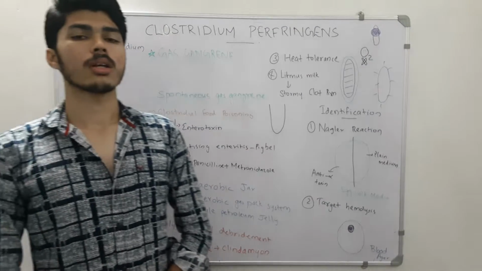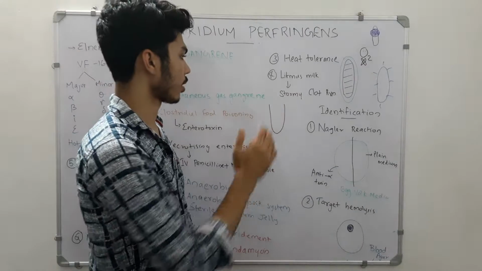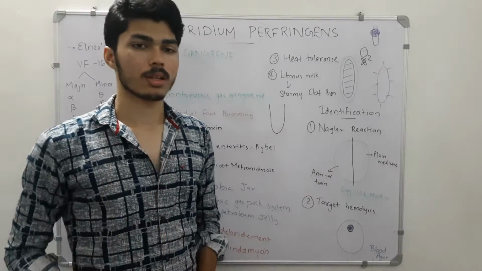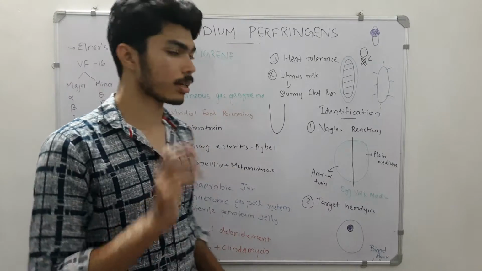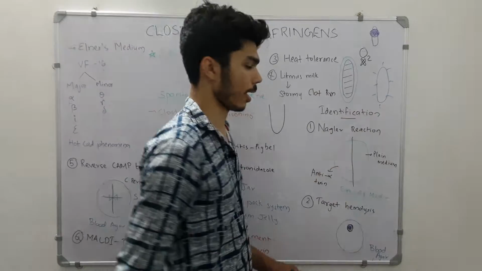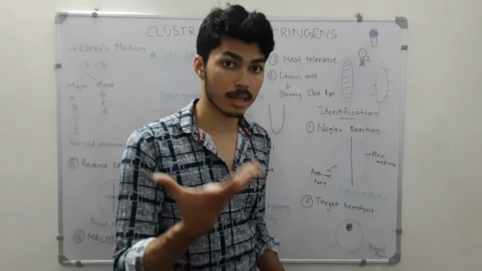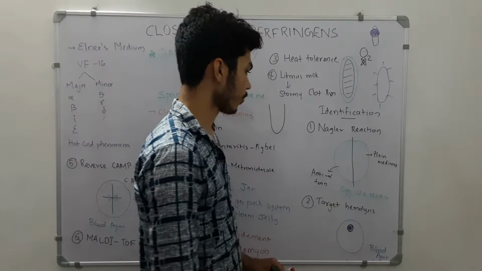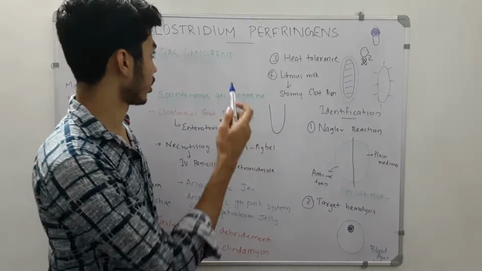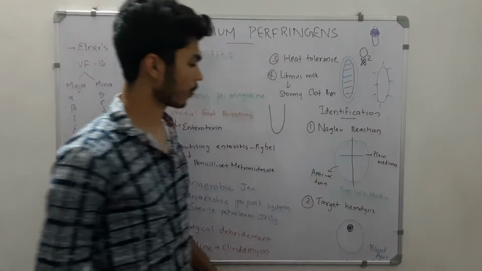So now, going on to the identification of Clostridium perfringens. One is the Nagler's reaction. So what is this Nagler's reaction? You have to take a media, that is egg yolk media, and take this Clostridium perfringens and give a streak.